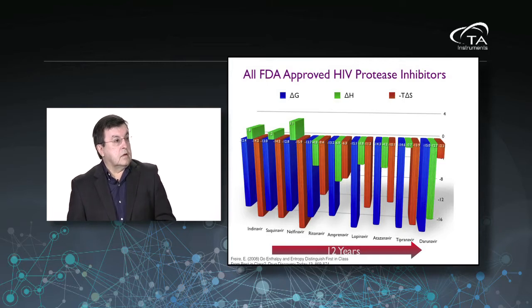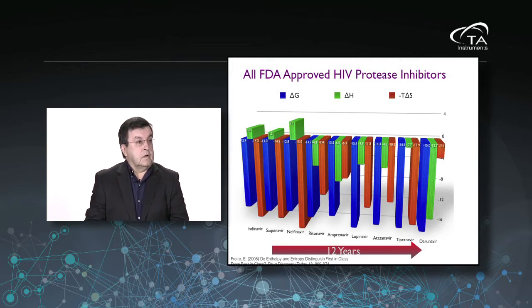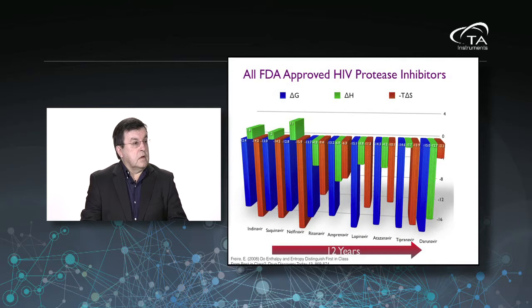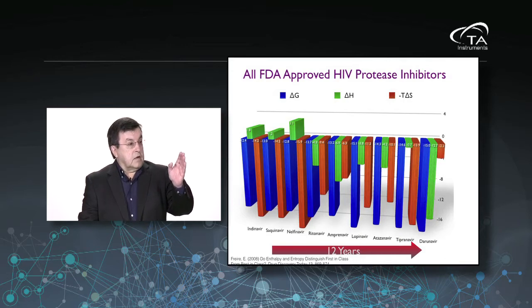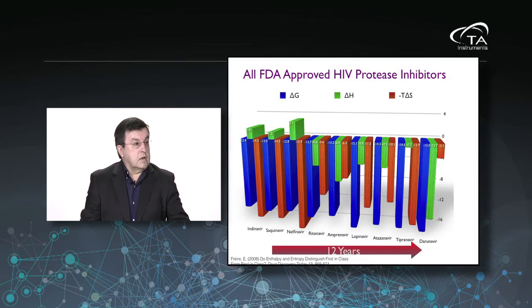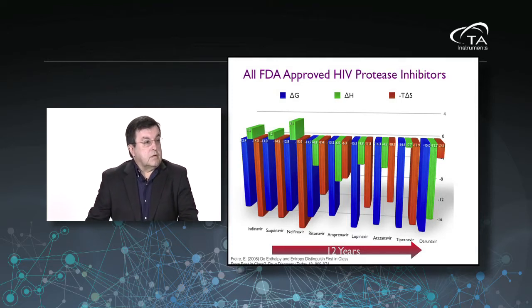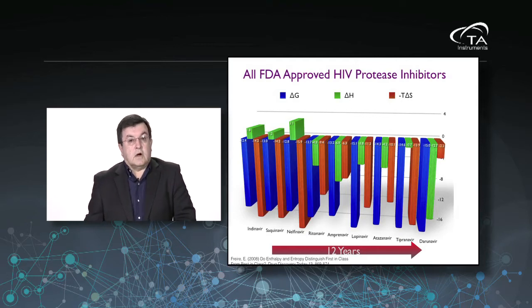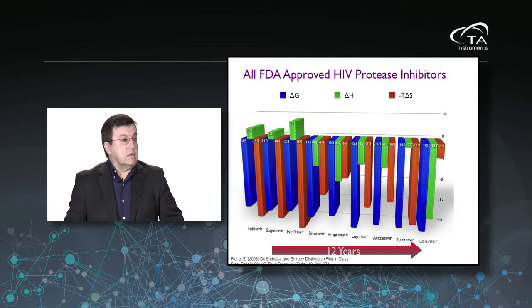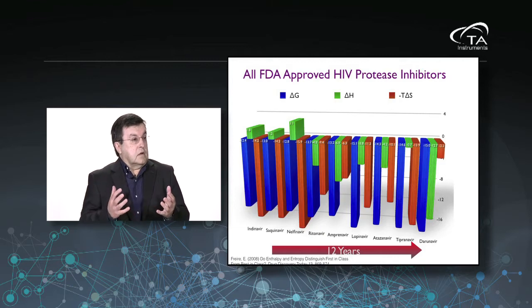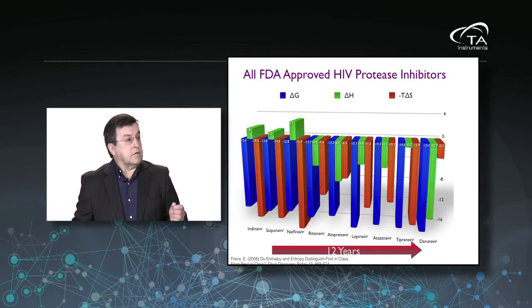These are the HIV protease inhibitors approved by the FDA. And what we realized a while ago is that the original inhibitors were entropically driven, whereas the latest inhibitors are enthalpically driven. There is a change in the character of the thermodynamic signature.